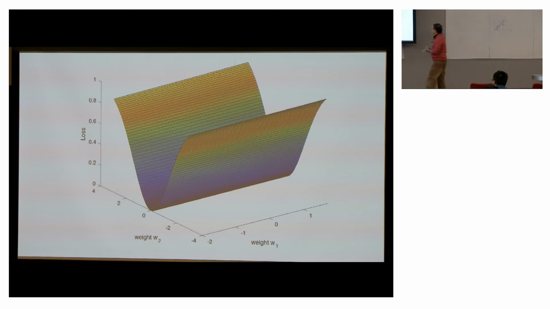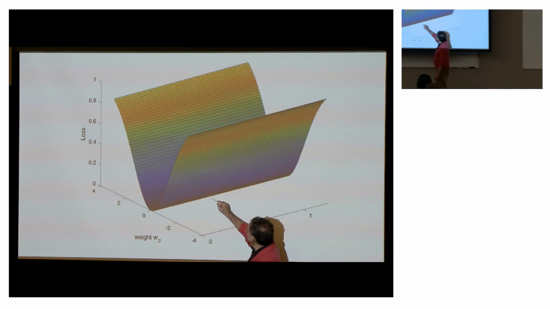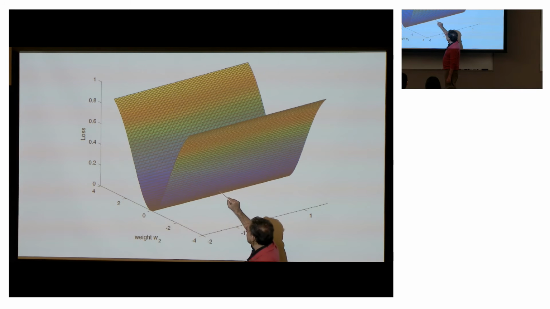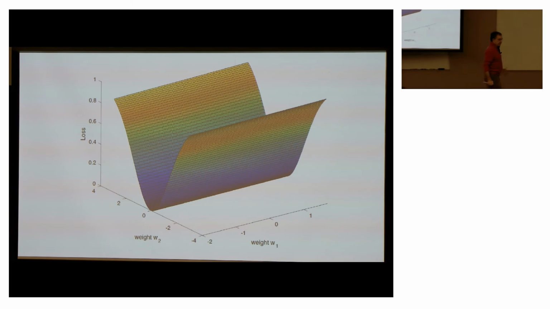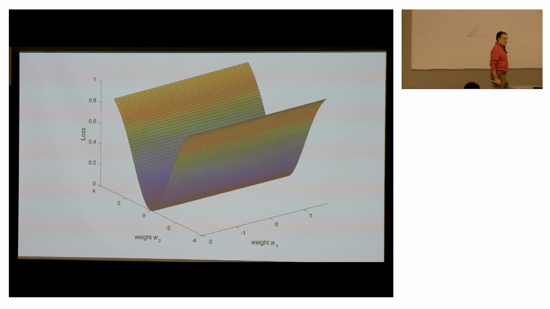You are in a situation like this. You are here, and now I perturb, and this direction will come back, but this direction, no. So it's like having initial conditions that are not zero.